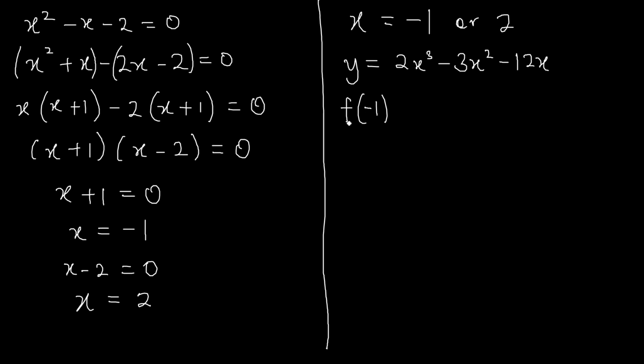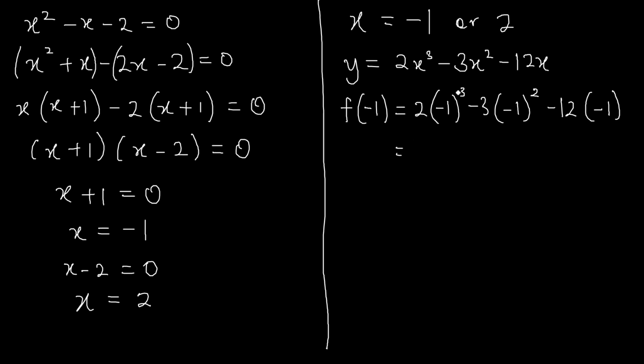So f of negative 1. The f here is just referring to the curve, the equation of the curve. So we substitute negative 1 into the equation. So write 2, and wherever you say x, we put negative 1 in there. Exponent 3, minus 3 times negative 1 exponent 2, minus 12 times negative 1.